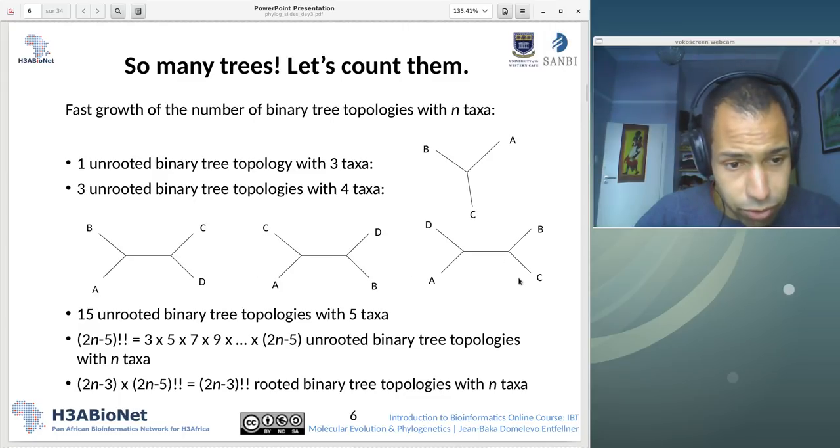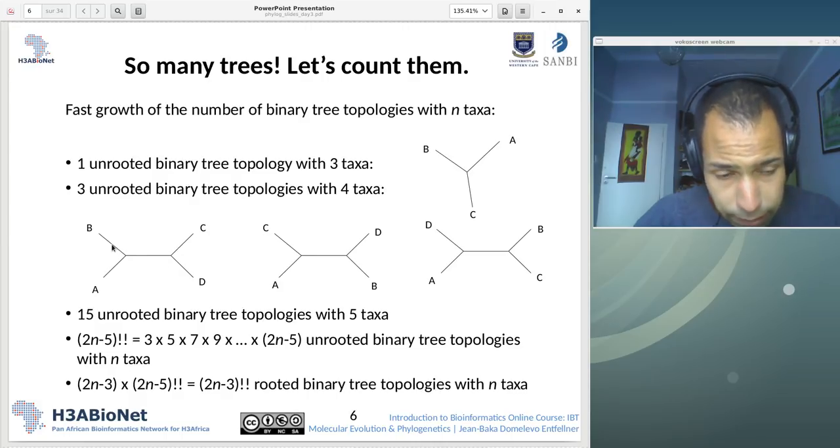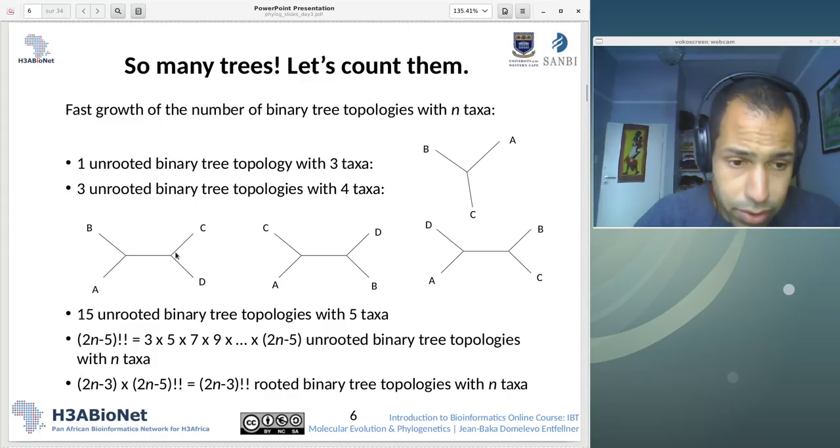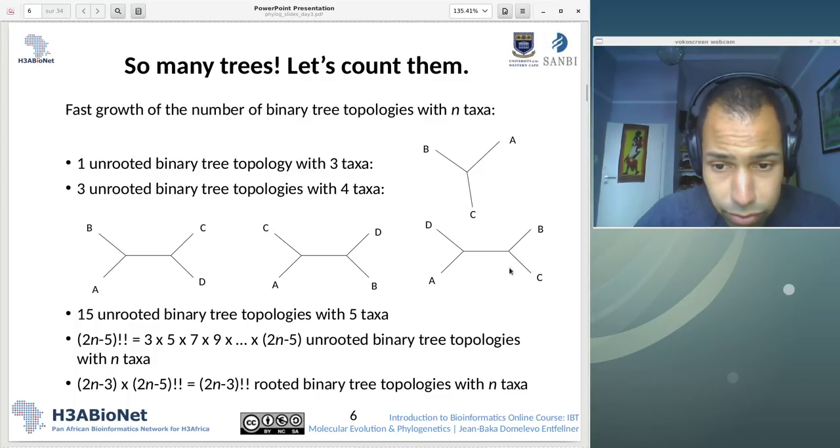Each of these phylogenies has 1, 2, 3, 4, 5 branches on which to graft E. Okay, so here you have 5 choices to graft your E taxon. Here you also have 5 choices, and here you have 5 choices.